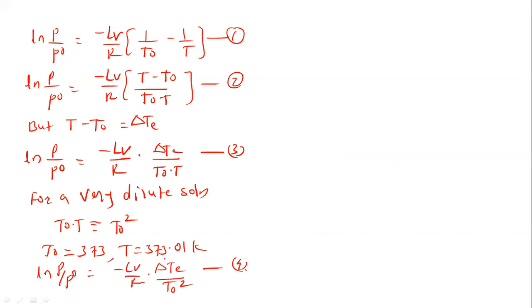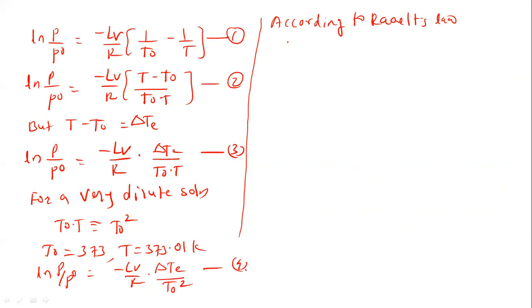Now let us apply Raoult's law here. All of us know Raoult's law. According to Raoult's law, P/P0 is equal to 1 minus x2.